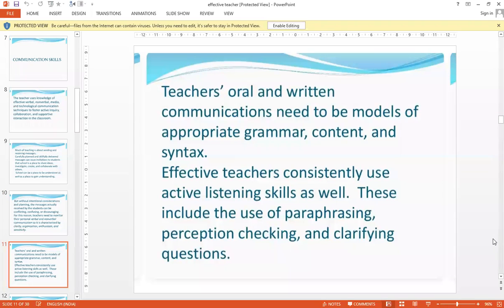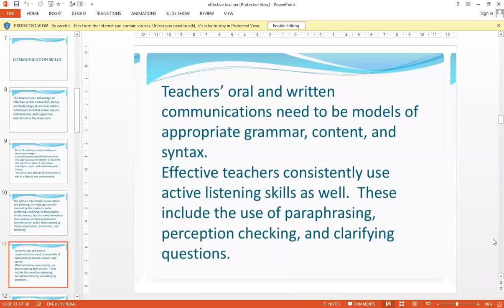Teachers' oral and written communications need to be models of appropriate grammar, content, and syntax. Using incorrect grammar can lead to sentences being meaningless. So whenever we teach in the classroom, we have to use models of appropriate grammar, which means proper sentence construction, or else incorrect grammar can lead to sentences being meaningless and the message unclear.